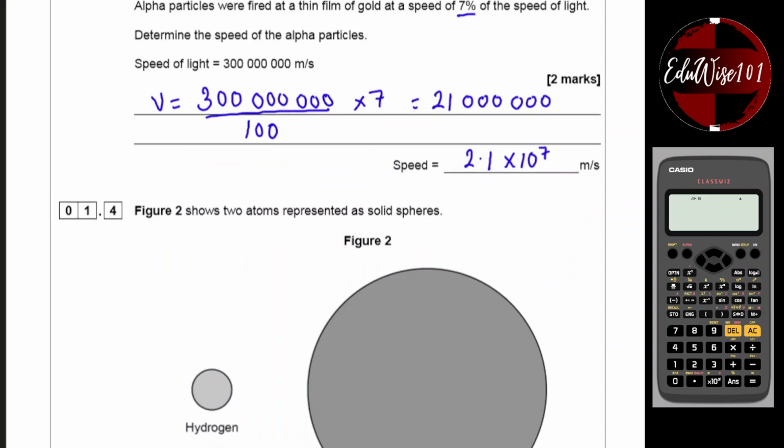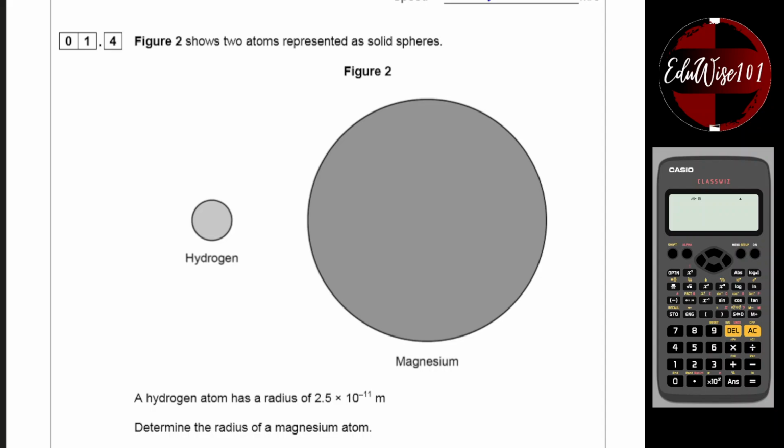Question 1.4, figure 2 shows two atoms represented as solid spheres. So you've got a hydrogen atom here and a magnesium atom here. A hydrogen atom has a radius of 2.5 times 10 to the power minus 11 meters. That's for the hydrogen. Determine the radius of a magnesium atom. Use measurements from figure 2.